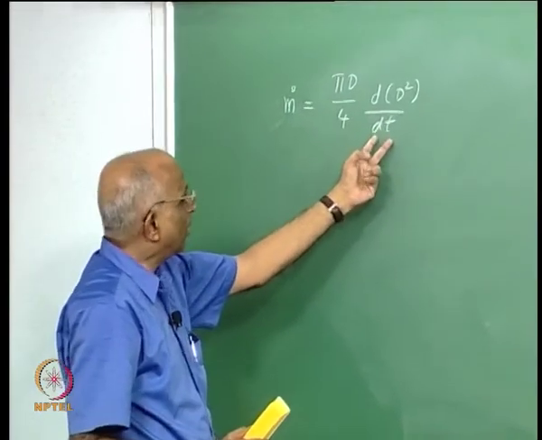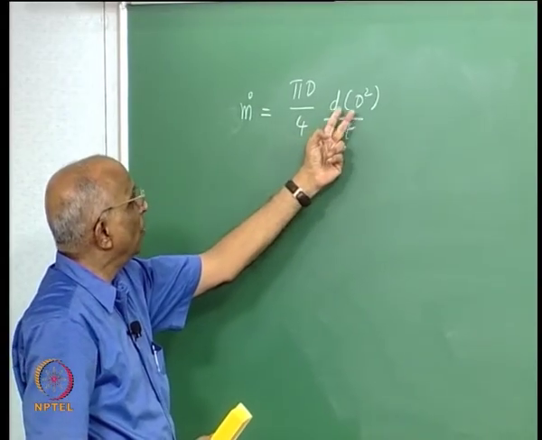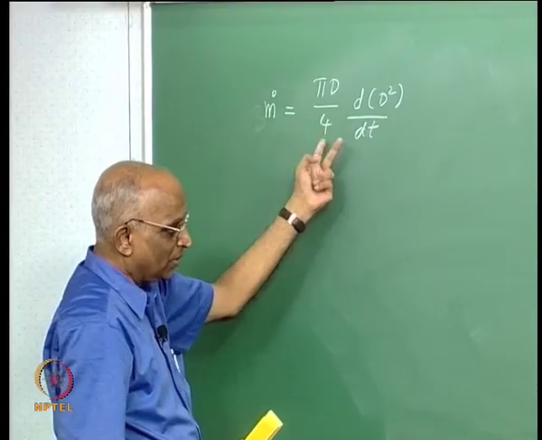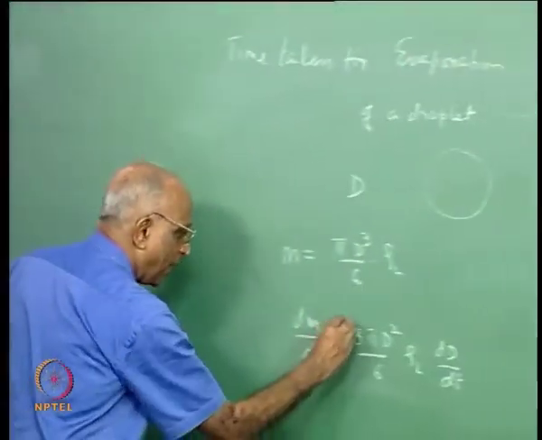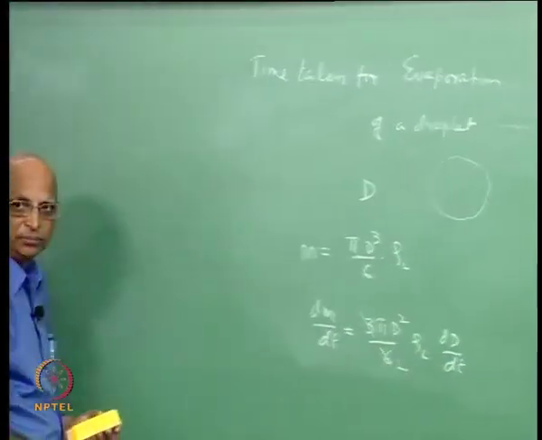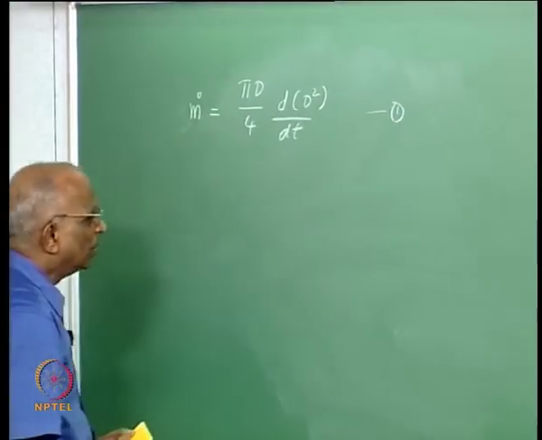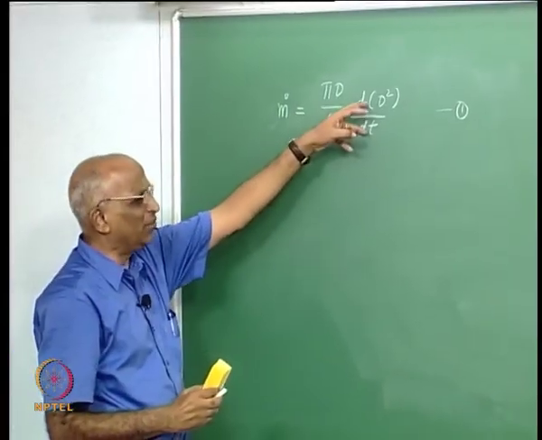Now, the 2 d comes here and the 2 and 2 get cancelled. Let us say this is my equation 1, but I want to find out what this value is.